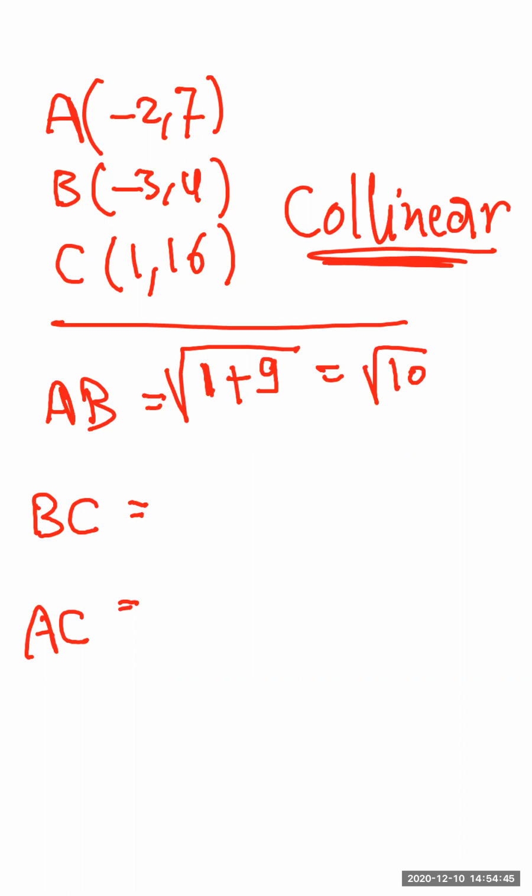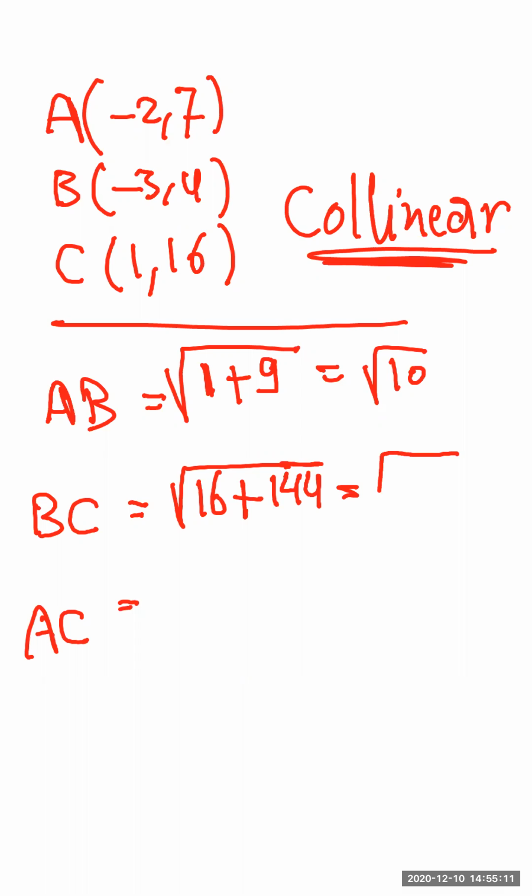The next one, BC. 1 minus negative 3, so 4. 4 squared means 16, plus (16 minus 4) equals 12. 12 squared means 144.